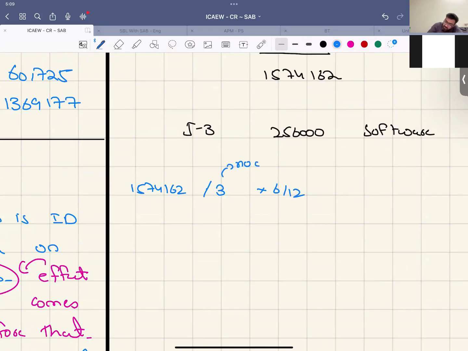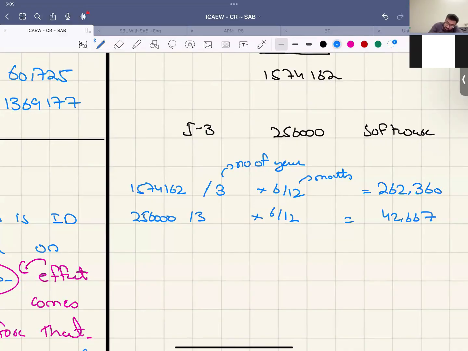It's number of years, and this is months. So it's going to be 262,360, right? And here we come, 256,000 divided by 3, since the project's life is for 3 months. So it's going to be 42,667, right?